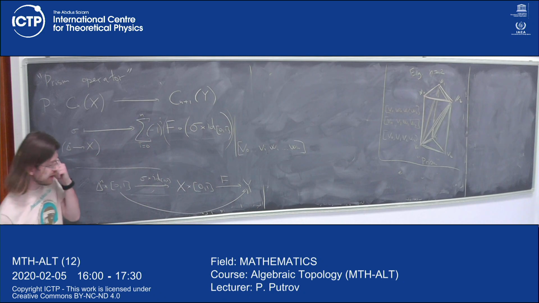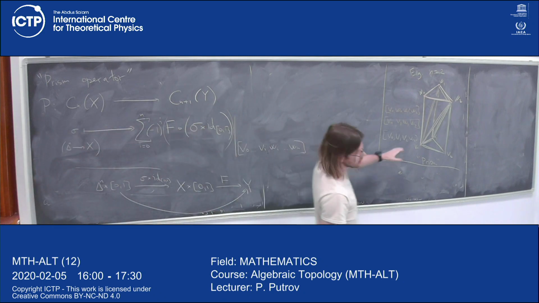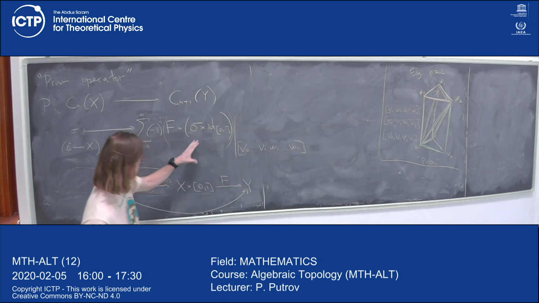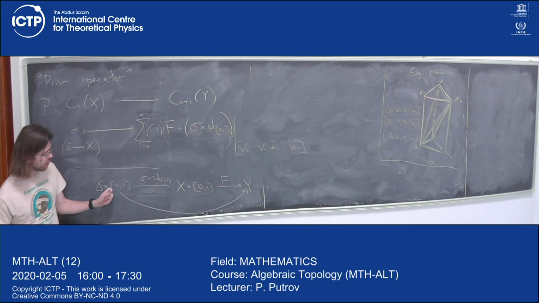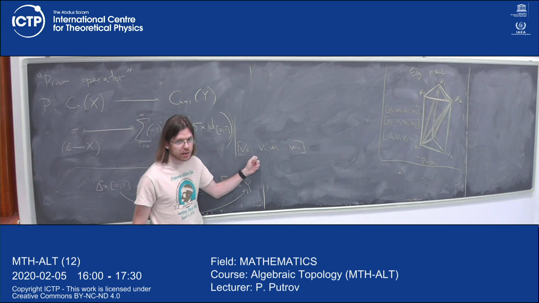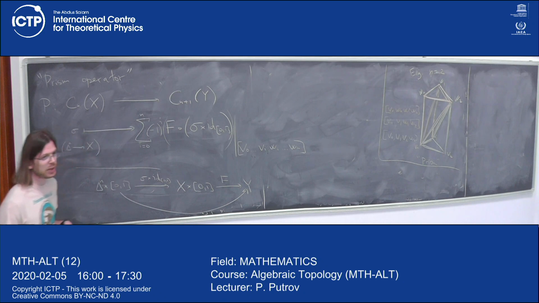And then we split our prism into simplices like this. So I can consider restrictions of this map defined on the prism to simplices of this form inside the prism.